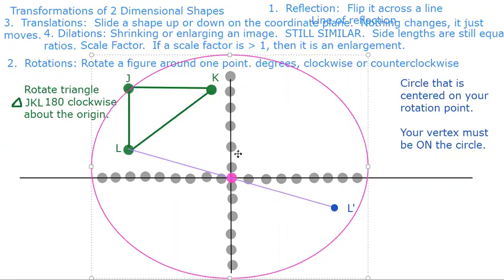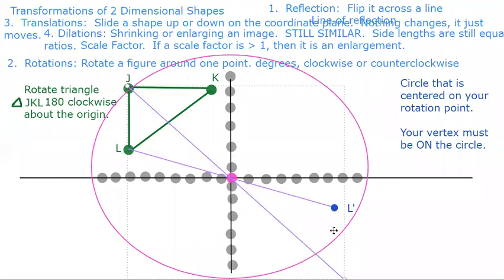If I were to go all the way across the circle through the center, J would end up being below L, wouldn't it? J prime is below L prime because we're rotating this around that way.